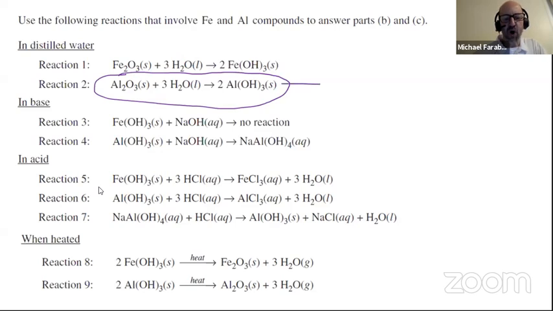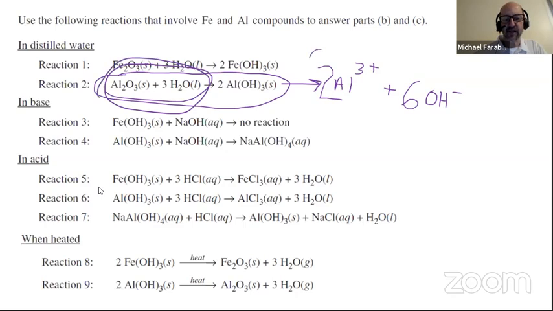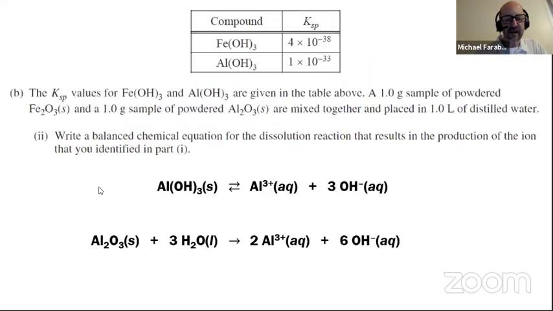So if you were to go on, 2 aluminums would be present and a total of 6 hydroxides would be present. So what you could do is start with these reactants right here, and then finish with these products, and that would still be correct. On the official scoring guidelines, this was also a possible correct answer.